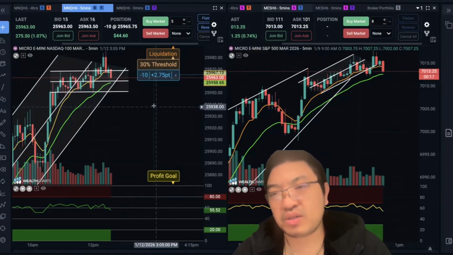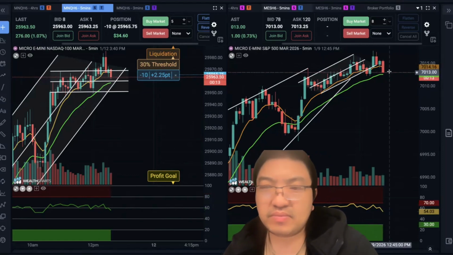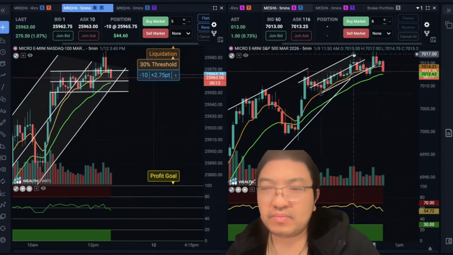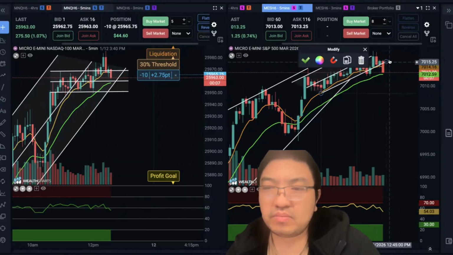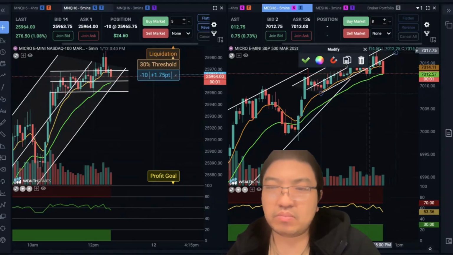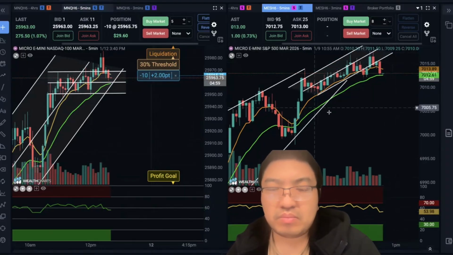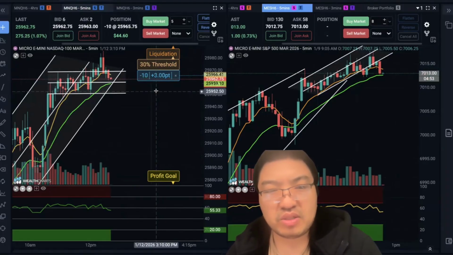ES shows engulfing downward momentum. Let's look at this candle. If it creates a lower low, maybe I can increase position.